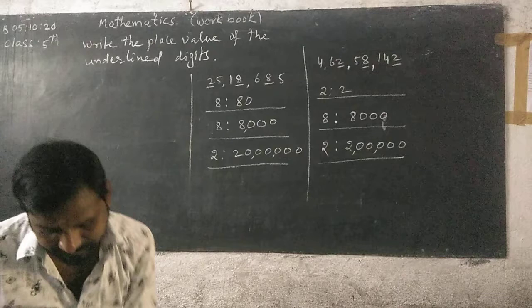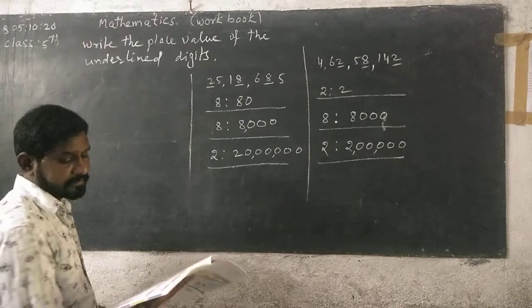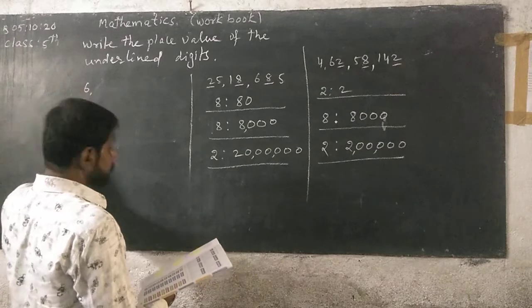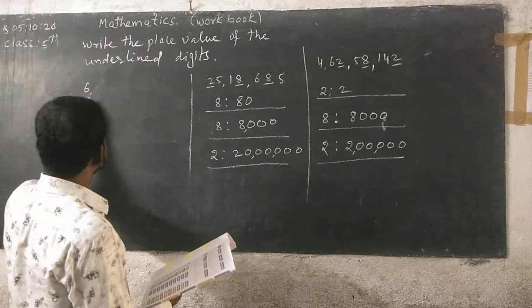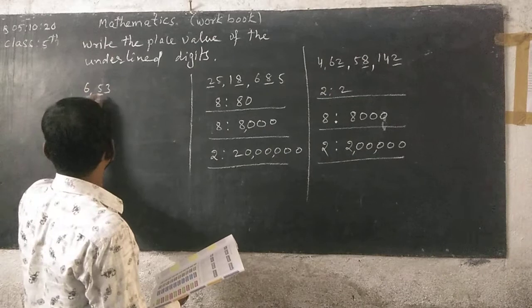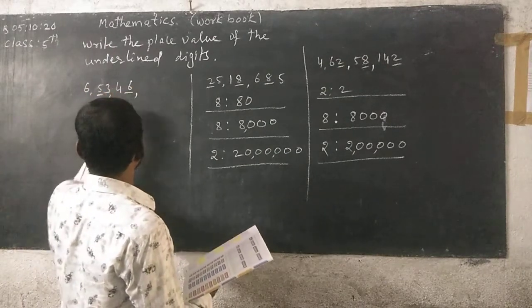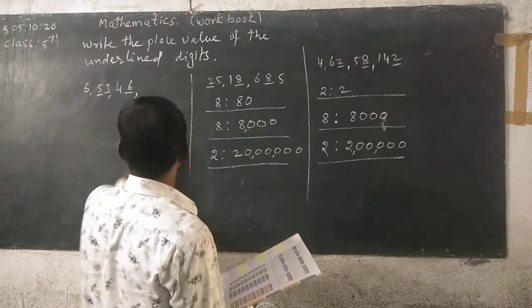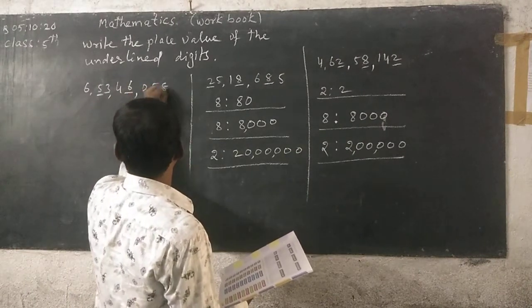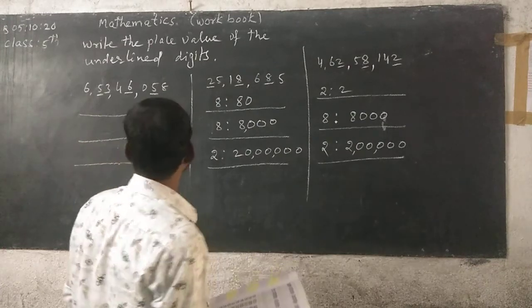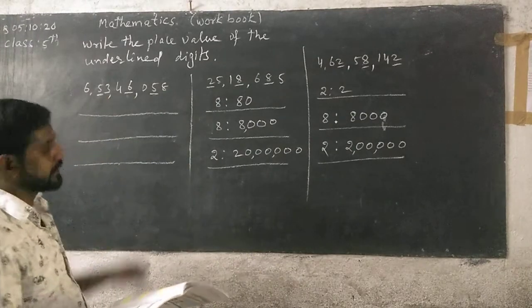Next, 6 crore 53 lakh 46,058. See here, the underlined digits are 5, 6, 5.